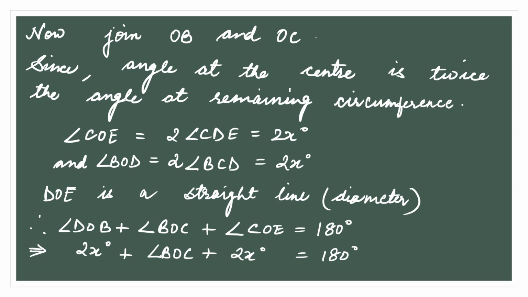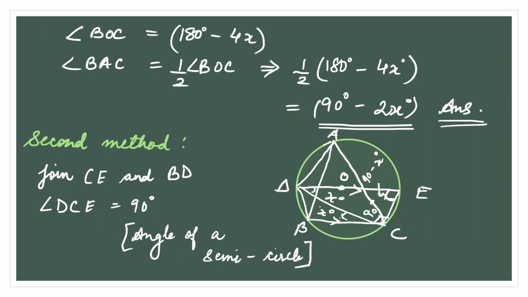Therefore, angle DOB plus BOC plus COE is equal to 180 degree. 2x degree plus angle BOC plus 2x degree is equal to 180 degree, because DOB and COE we have found out are 2x degree. Angle BOC is equal to 180 minus 4x. Angle BAC is equal to half of angle BOC, which is half of 180 minus 4x, which is 90 minus 2x. That is the answer.